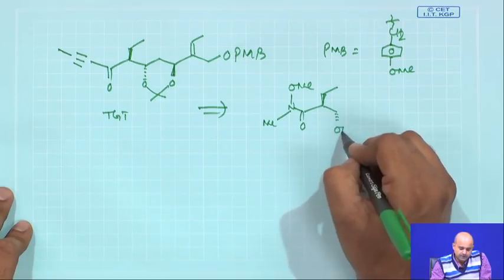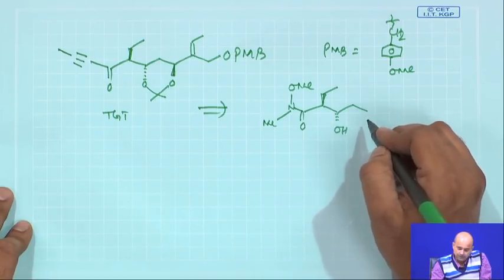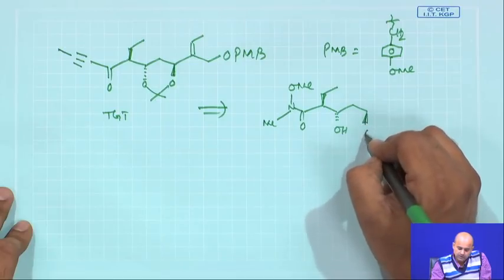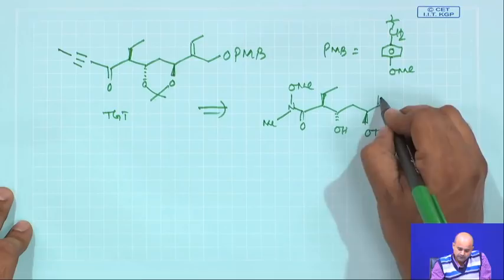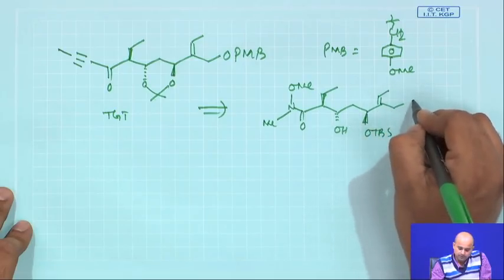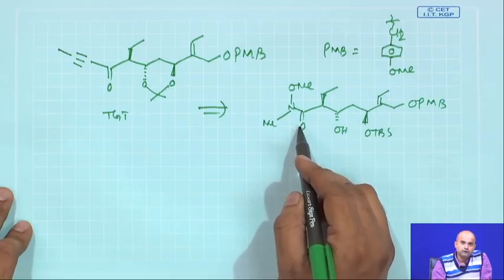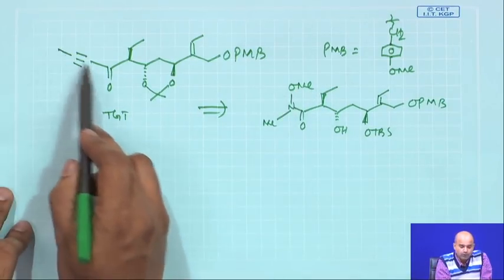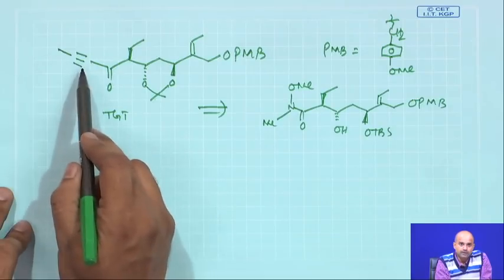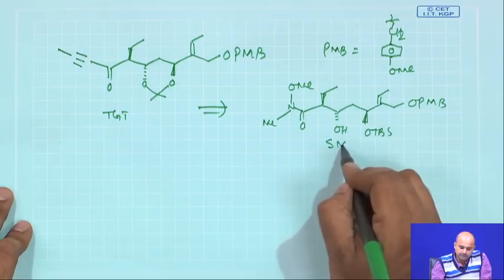Probably just by seeing the structure on the left hand side, you can easily find out how the structures are correlated with this target molecule by simple FGI. Now, what is this? This part is your Weinreb amide. So for this ketone introduction we will be using a Weinreb ketone synthesis. That is why the starting material was given.